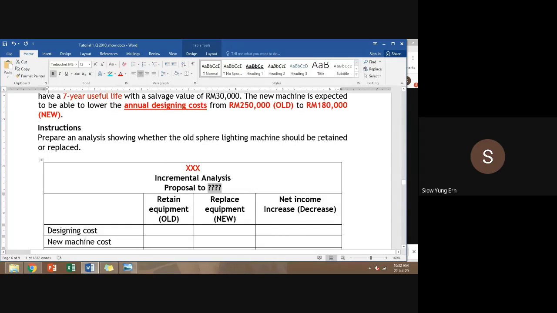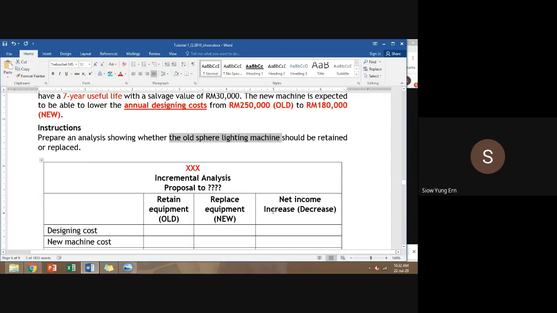Proposal 2, retain or replace the old sphere lighting machine.